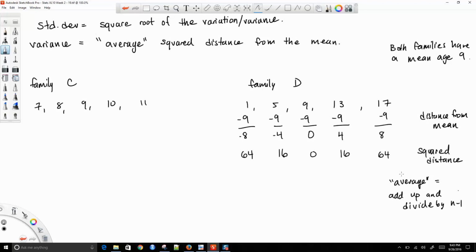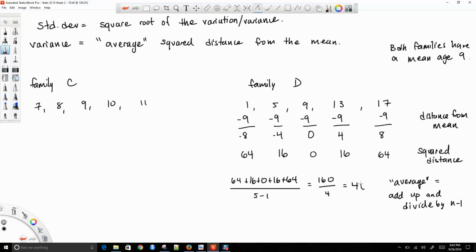Okay, so we do 64 plus 16 plus 0 plus 16 plus 64. And we get 160. And then we're going to divide not by 5, but by 4. Okay, so we're going to divide by 5 minus 1.